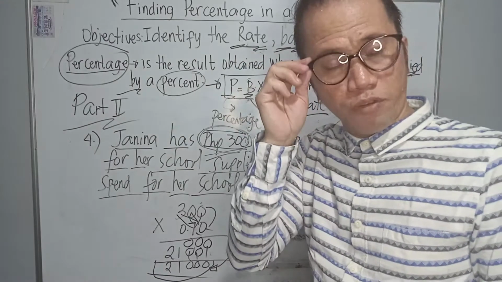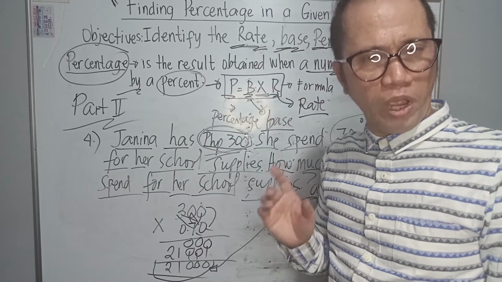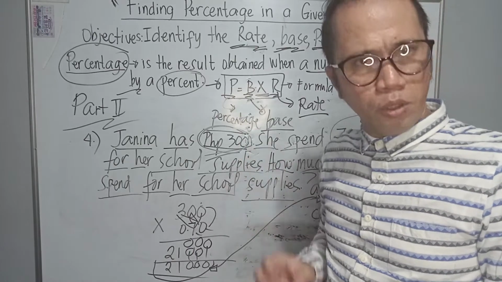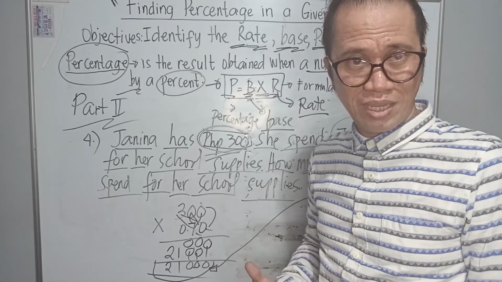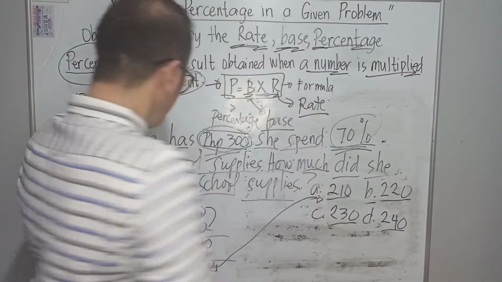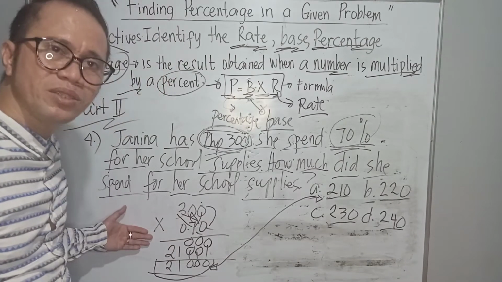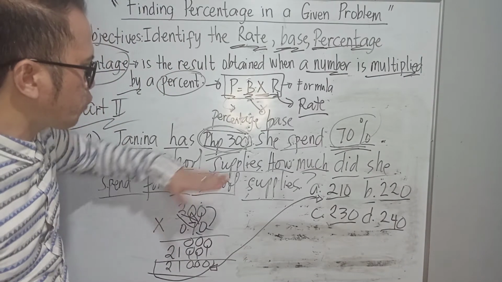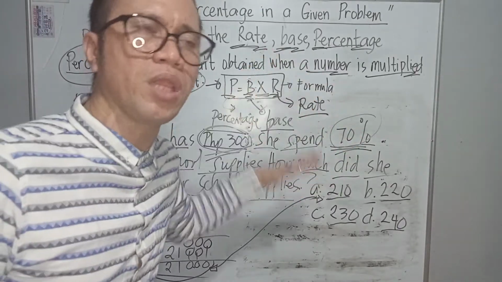When you follow the process, your answer is automatically correct. So get first the base, then multiply by the rate. Remember, rate is in percentage form.